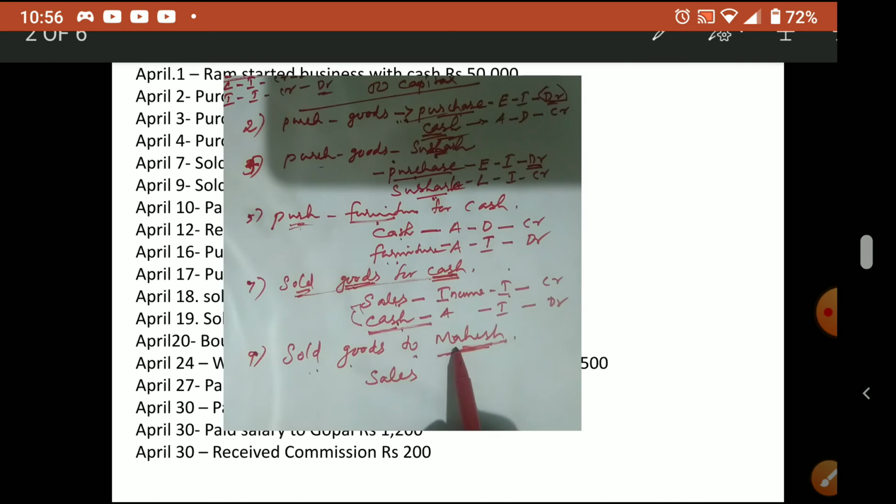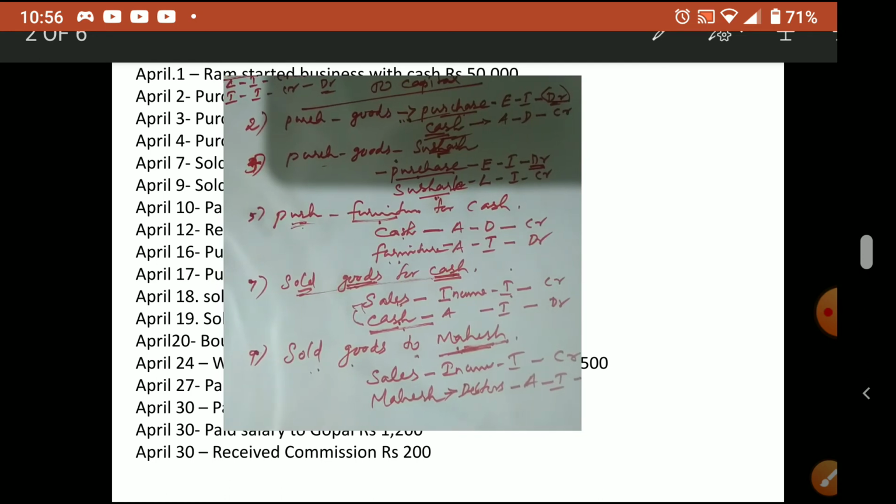Cash is not there, so that person's name is the other aspect. Sale is income: income increase, credit. Even though we are not getting money now, we will get it afterwards, so we consider it income. Then Mahesh is a debtor. All debtors are our asset. Asset increase, debit.